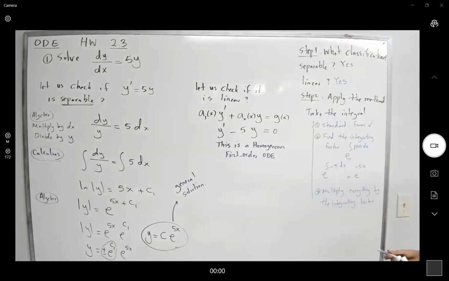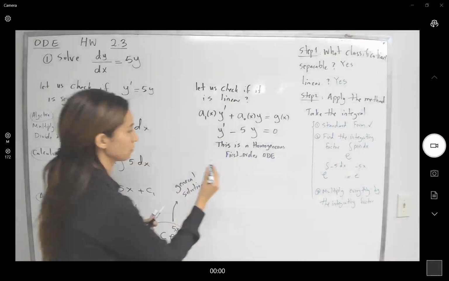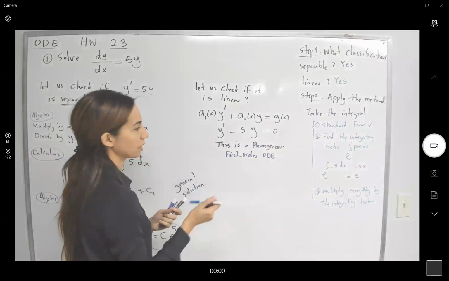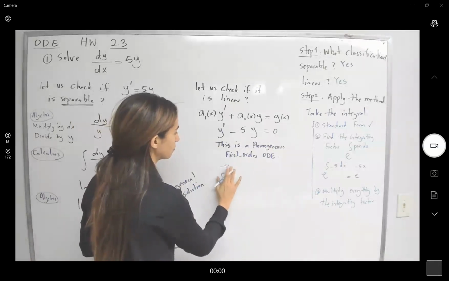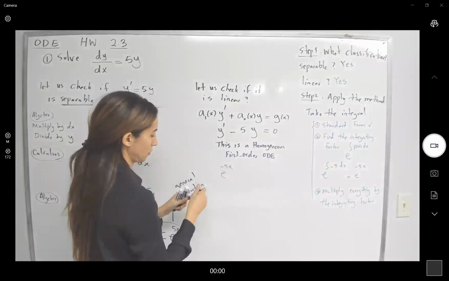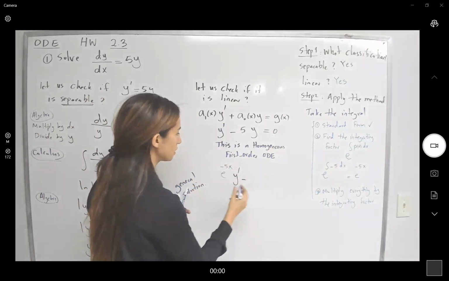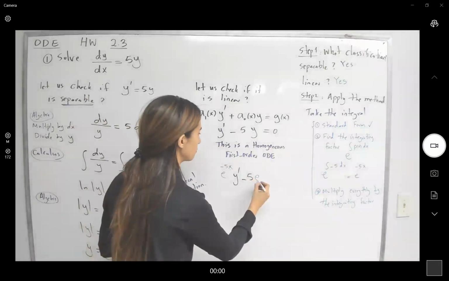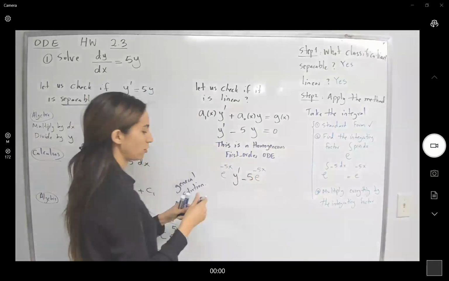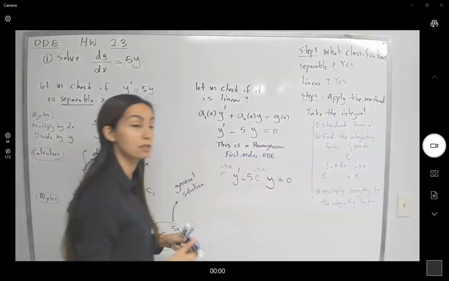Very well. So let us do that here. We get e to the negative 5x times y prime minus 5 e to the negative 5x times y equals 0 times the integrating factor, which is again 0.